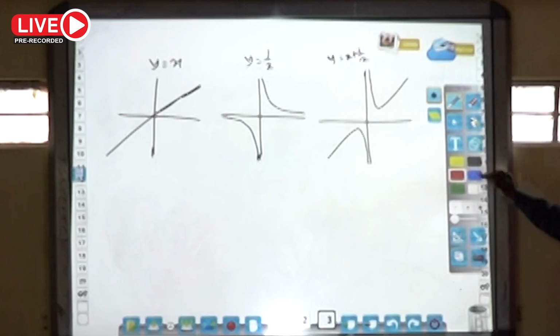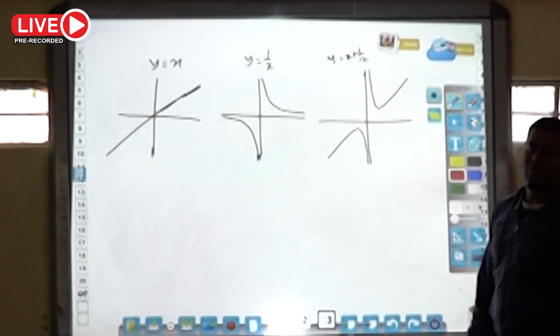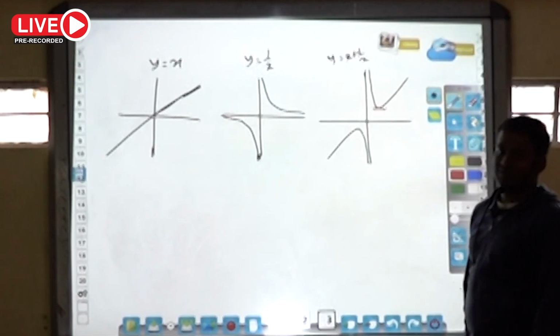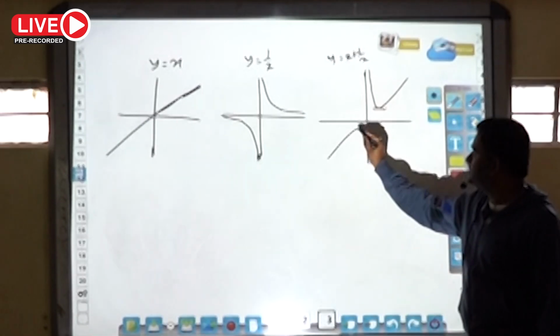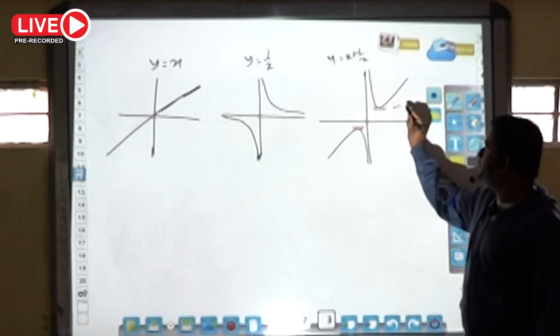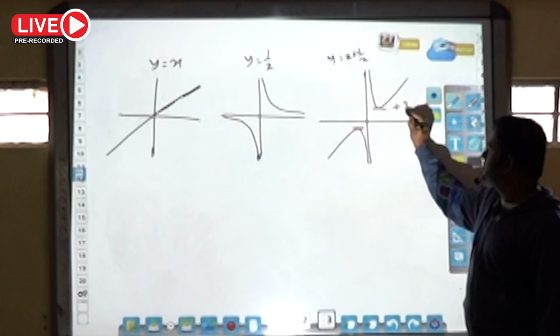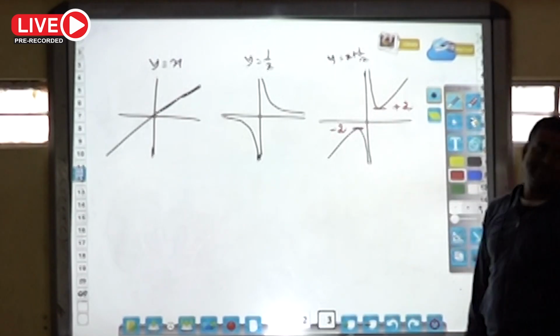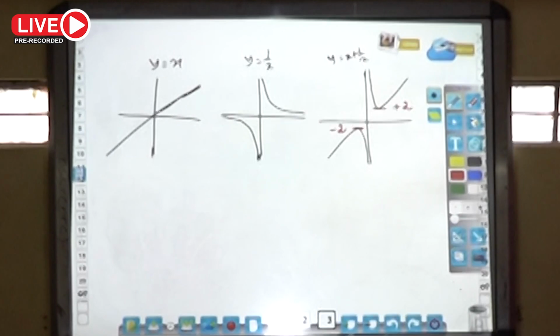Now check from this. Where does the minimum value lie? In the first quadrant. Where does the maximum value lie? Third quadrant. That's why this comes.